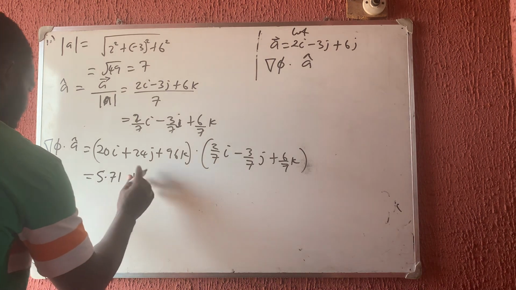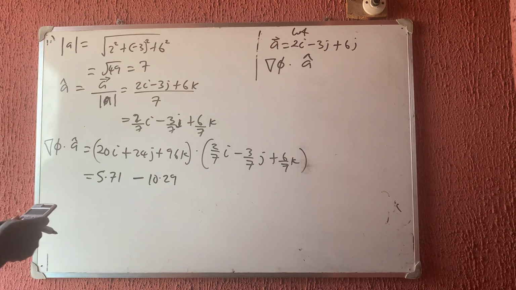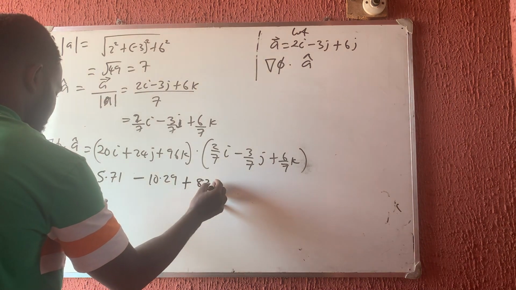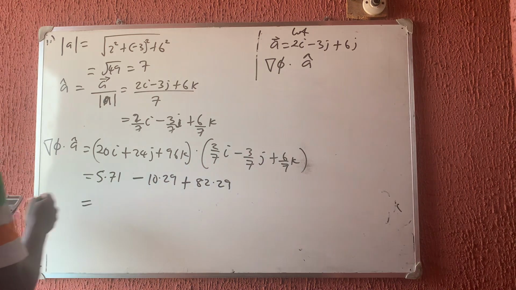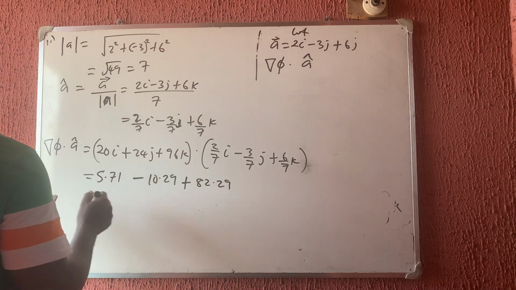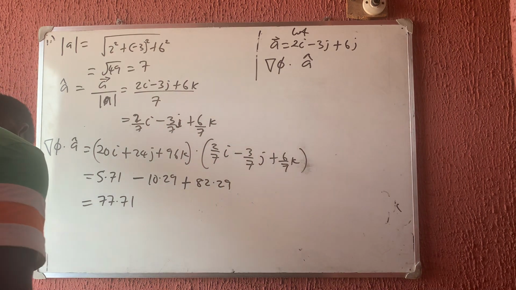So I'm having this is minus 10.29, then finally 6 divided by 7, then 96 times my answer. So I'm having plus 82.29. So if you do everything, I'm going to have 5.71 minus 10.29 plus 82.29. So I'm going to have 77.71. Okay, so that is that for that.